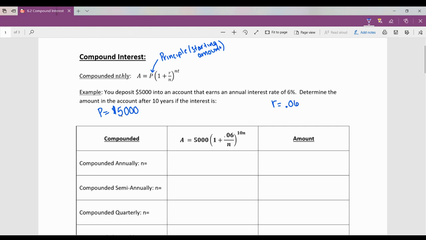So my r stands for my rate, my interest rate in this case. All right, determine the amount in the account after 10 years. My t, time, is 10. So t is the time in years.